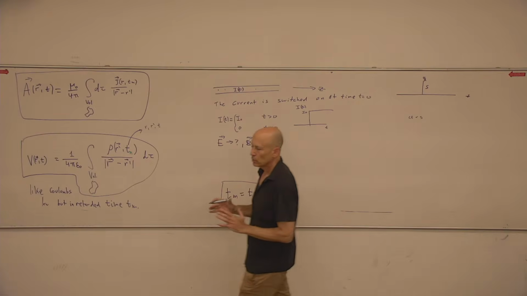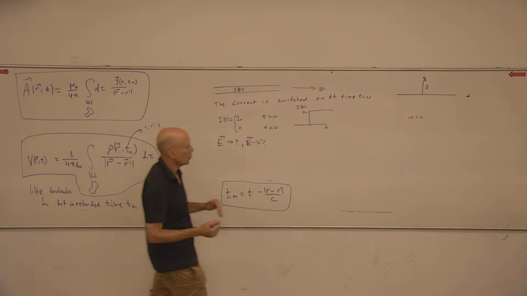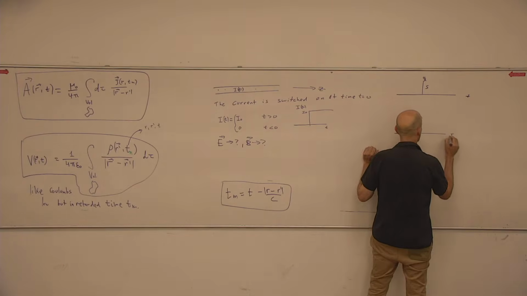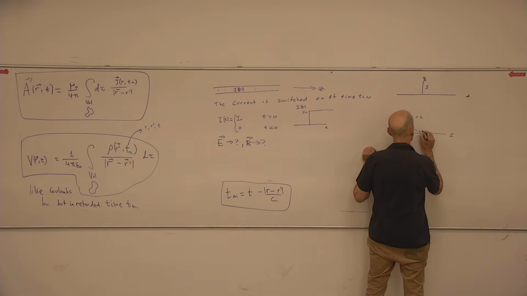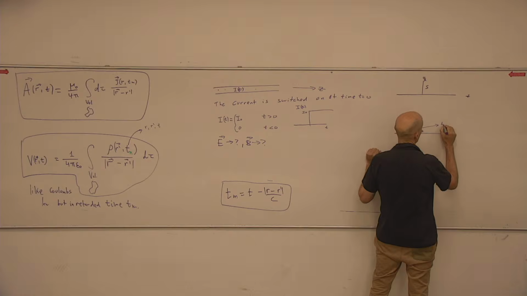Nothing. You will not know about this turning on because the information didn't pass. So if you want to think about it like this, here is my current I, and then this is ct, and this is s, far away. So this is the horizon of information, if you want.